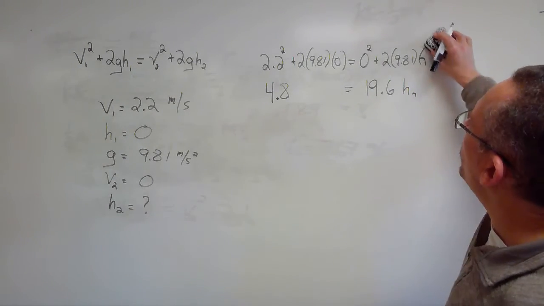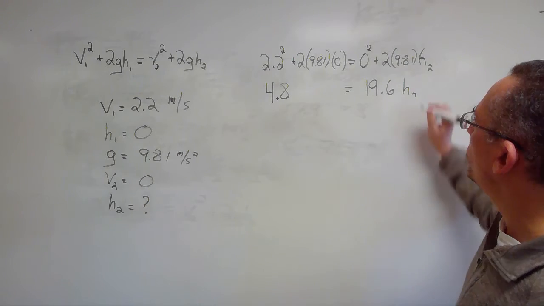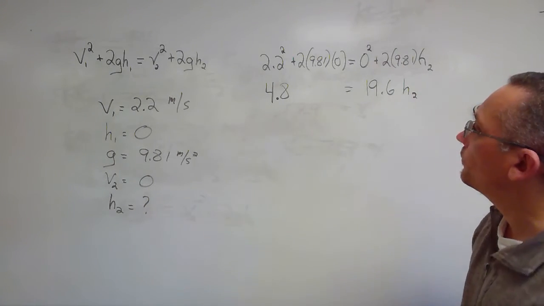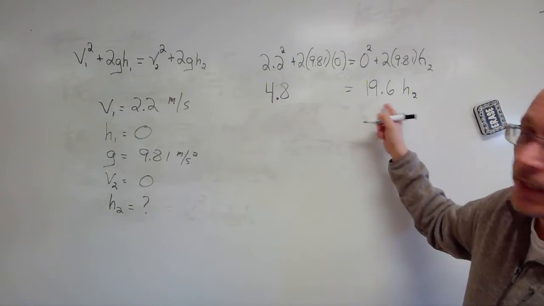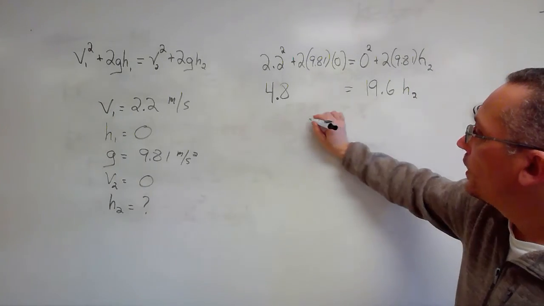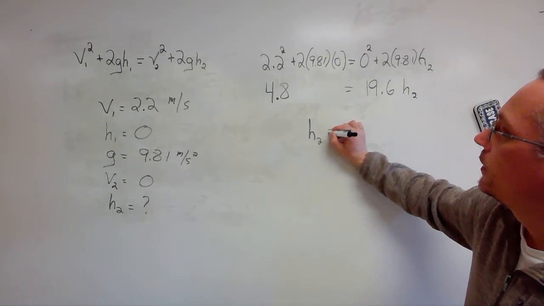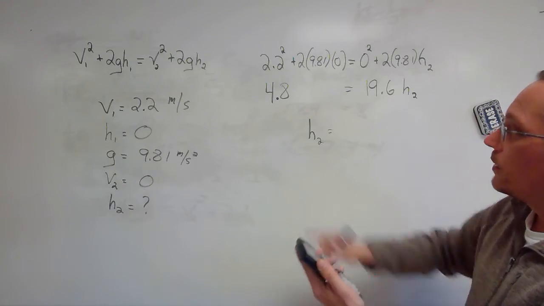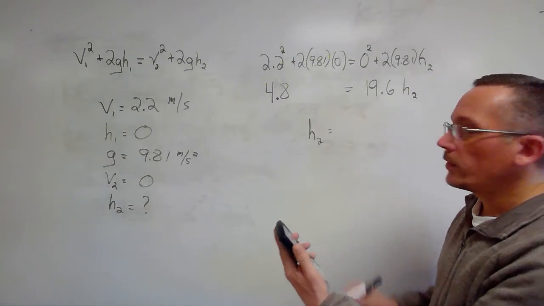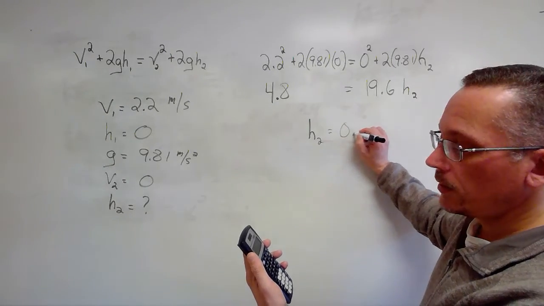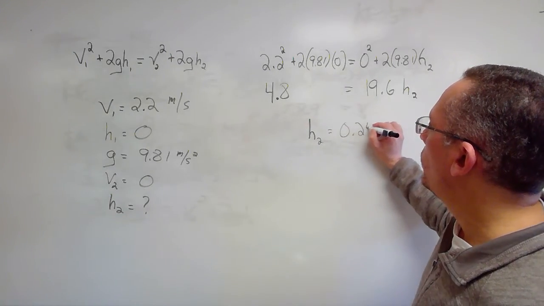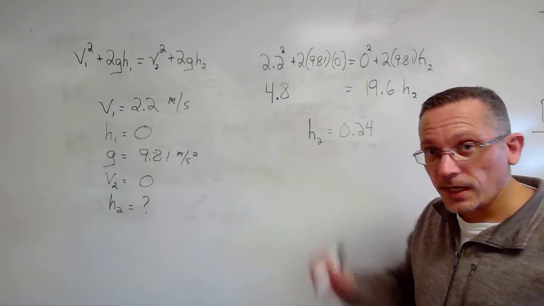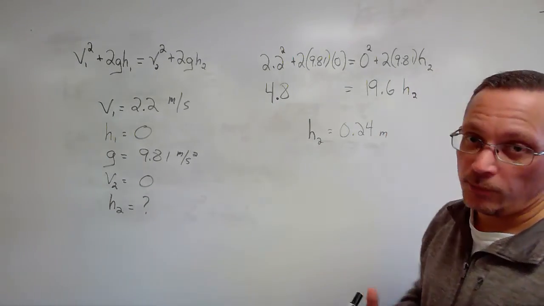Oh, I'm sorry, that's not h squared. That's h2. Now we'll divide both sides by 19.6. And for the height, I got 4.8 divided by 19.6. It's 2 significant figures, so I'm going to round this off to 0.24. And being a height, I'm going to put that in meters.